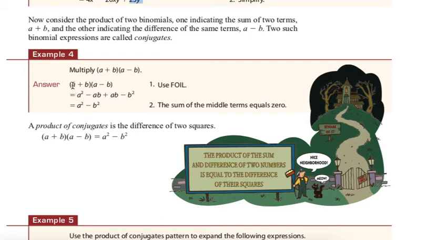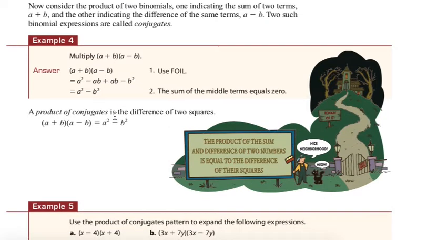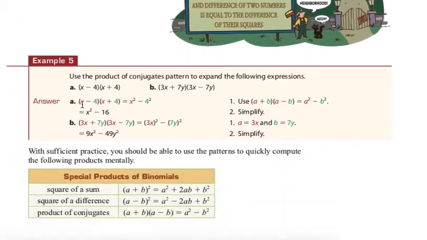That is equal to, when you use FOIL, a squared. Outside is minus ab, inside plus ab, and then our last, which is minus b squared. So when you're doing a product of conjugates, it's a squared minus b squared. So first term squared minus last term squared, which is a fun pattern.